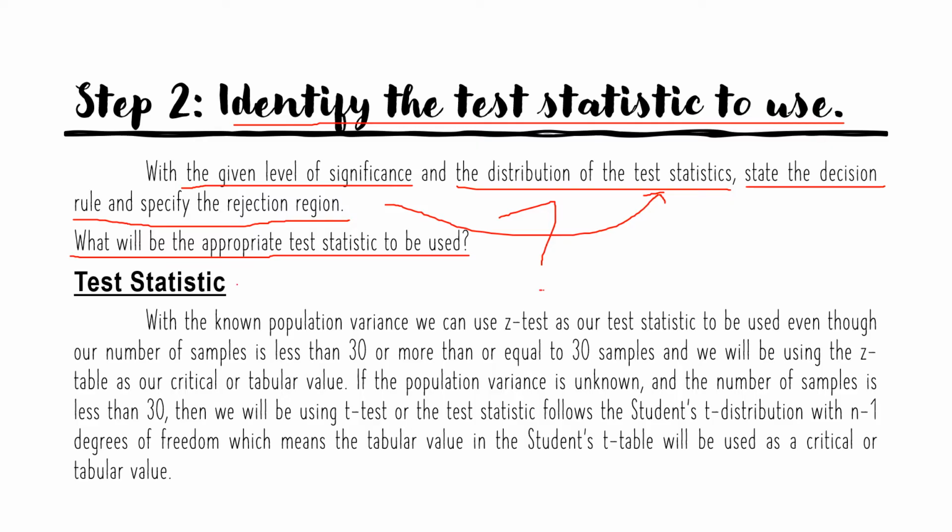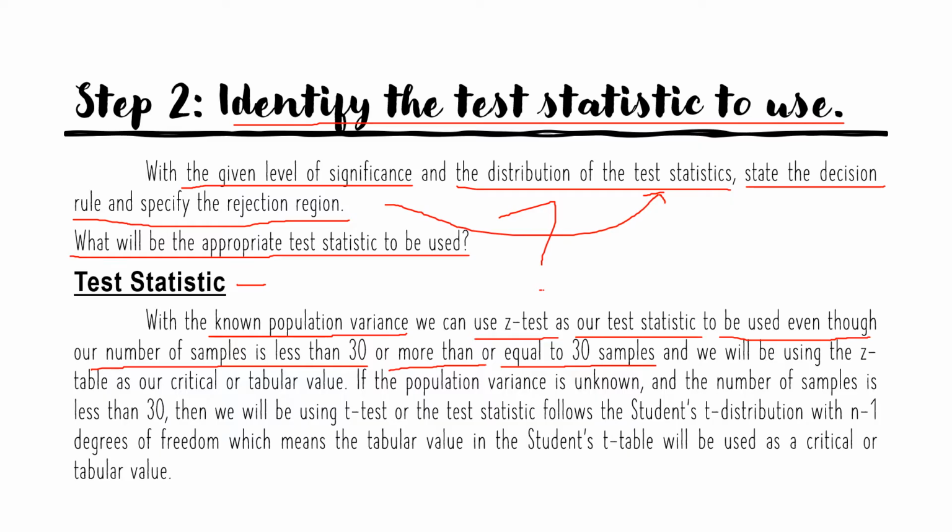For the test statistic, with a known population variance, as mentioned in the problem, we can use the Z-test as our test statistic, even though our number of samples is less than 30 or more than or equal to 30.